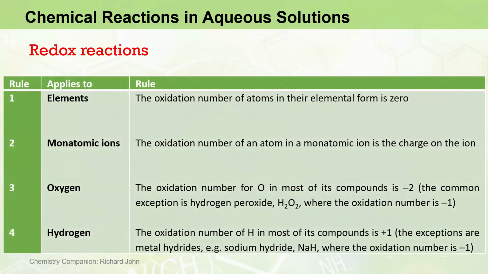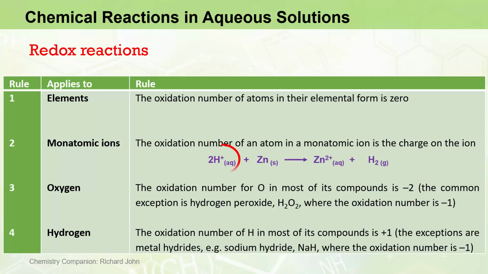And here are these rules. Rule 1 applies to elements. The oxidation number of atoms in their elemental form is always 0. So in our previous example, we identify zinc metal and hydrogen gas as being elements, and so they both have oxidation numbers of 0. Rule 2 applies to monatomic ions. The oxidation number of a monatomic ion is the charge on the ion.